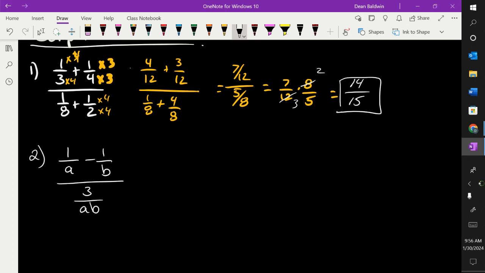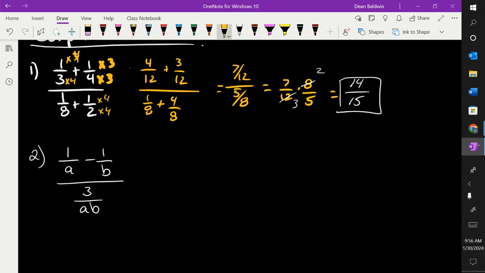One over a minus 1 over b, over 3 over ab. What do we do? Common denominator. What's the common denominator for the top? AB.